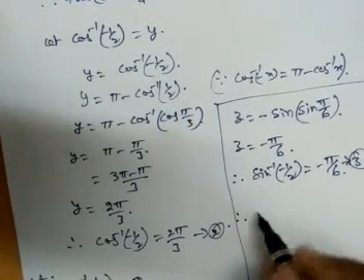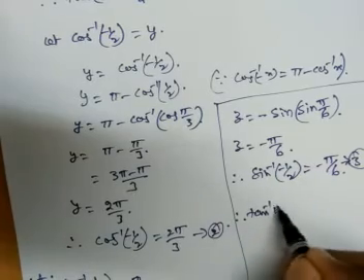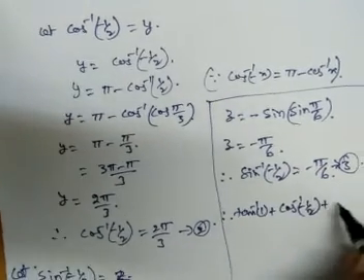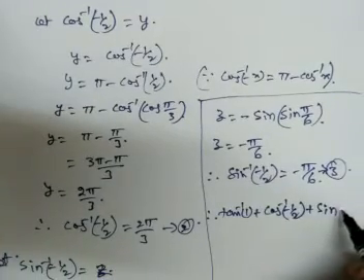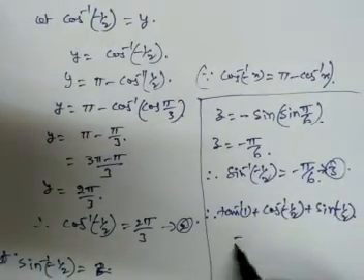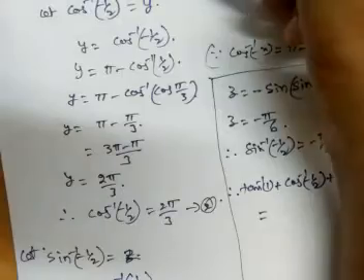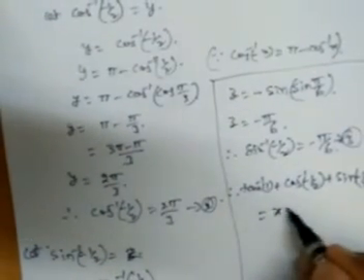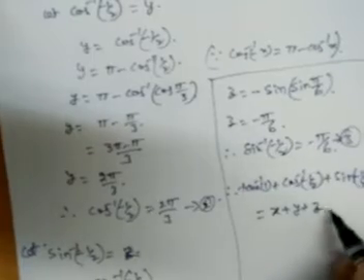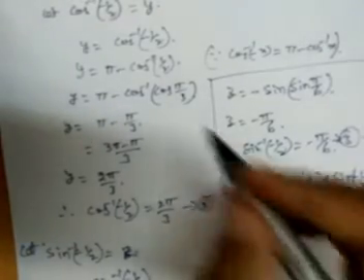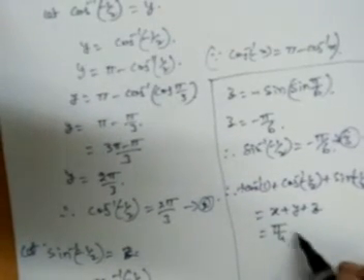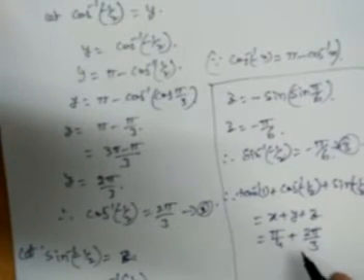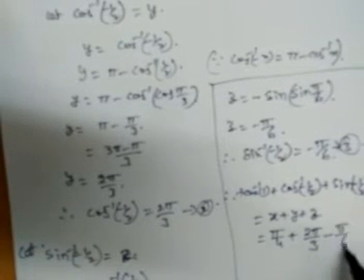Therefore the final tan inverse of 1 plus cos inverse of minus 1 by 2 plus sin inverse of minus 1 by 2 is equal to, adding these three terms, first, second and third equation, x plus y plus z, that equals x value pi by 4, y value 2 pi by 3, minus pi by 6.